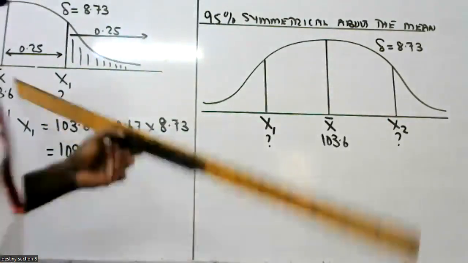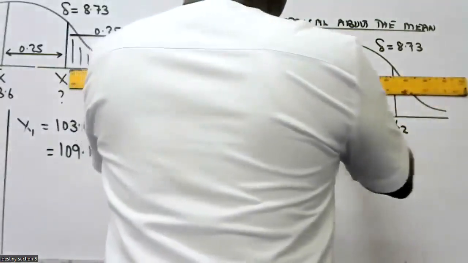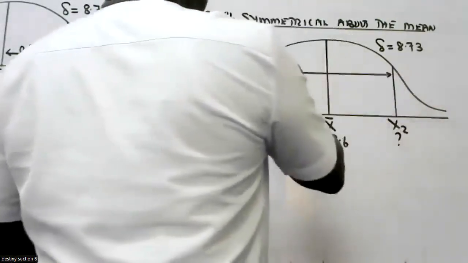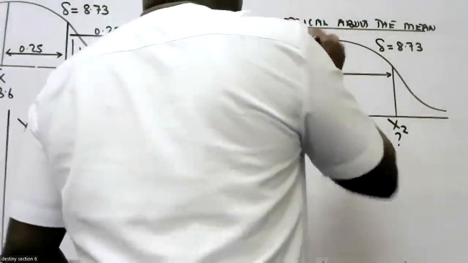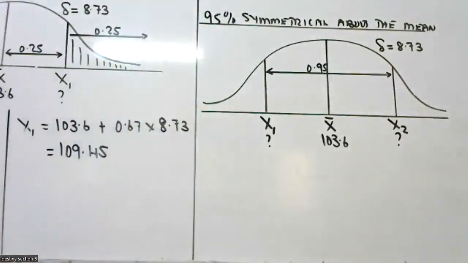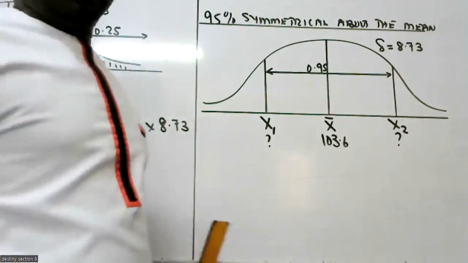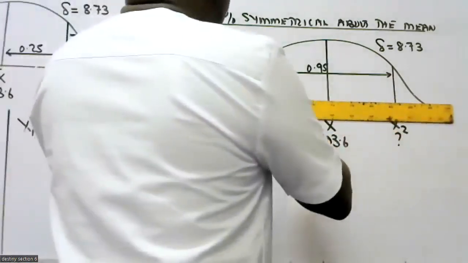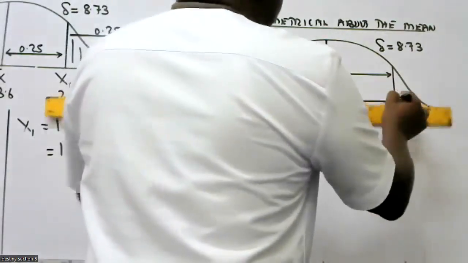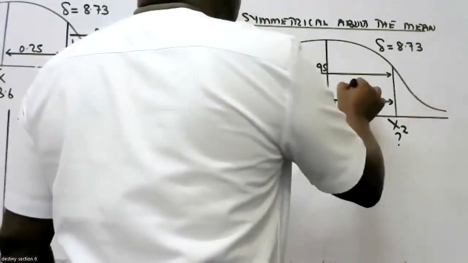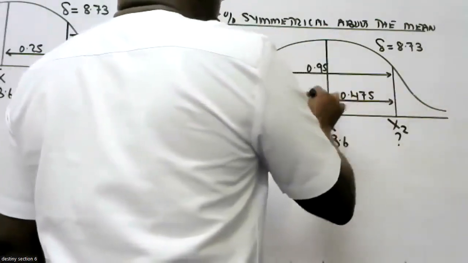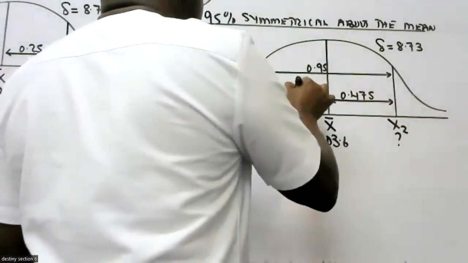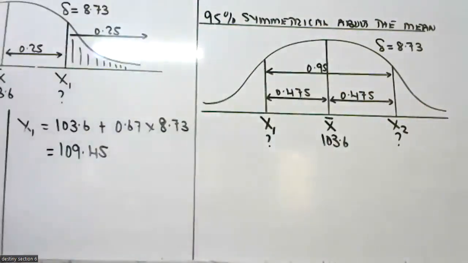But what we know is that the whole of this is 0.95. Something is called symmetrical if it's divisible into two equal parts. So in other words, this segment here is 0.475 and this one is 0.475, so that when you combine them, they give you 0.95.